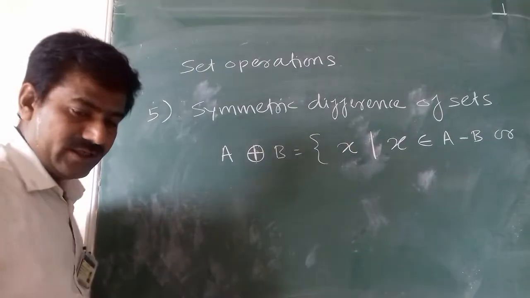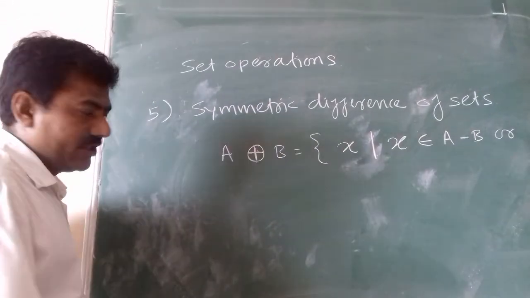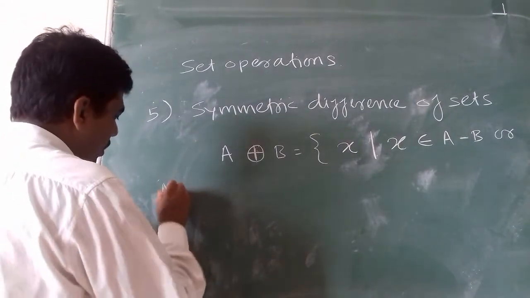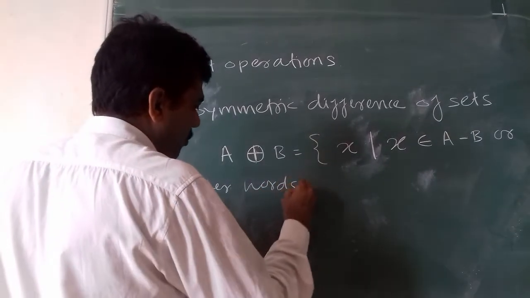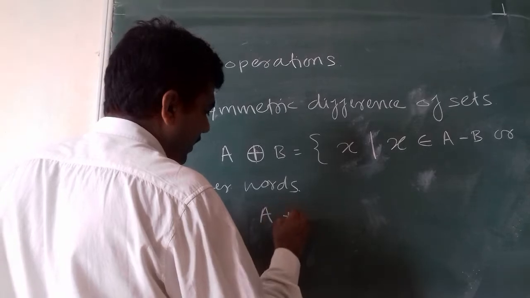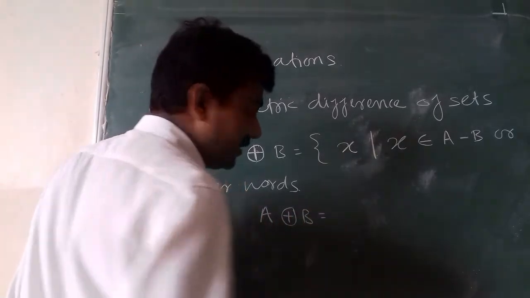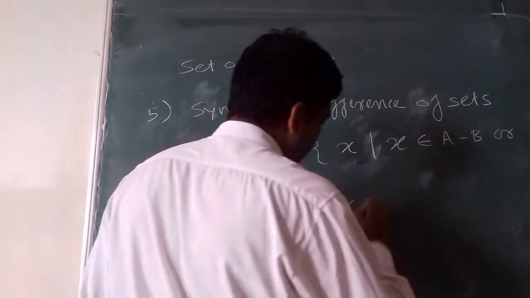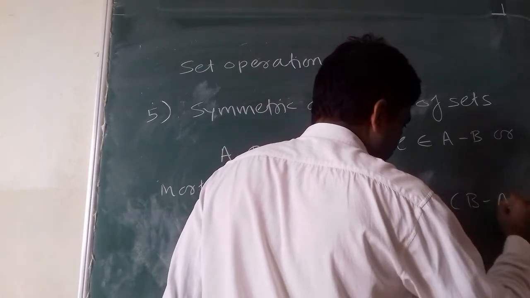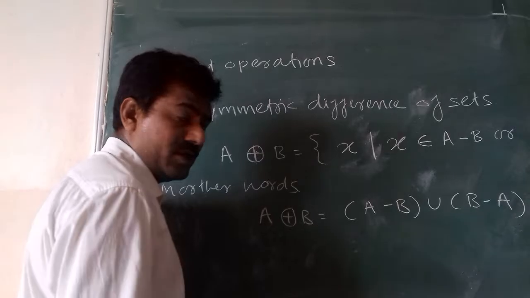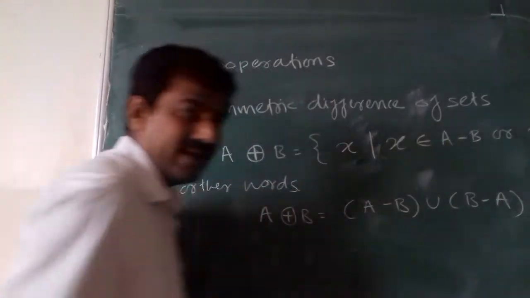So this is the symmetric difference of the two sets. In other words, A symmetric difference B is equal to A minus B union B minus A.